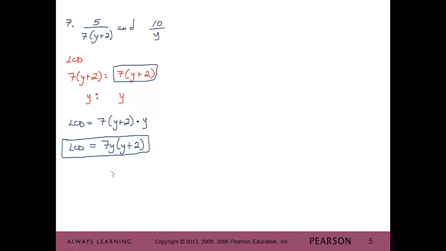All right, number 9. We have 17 over x plus 4 and 18 over x squared minus 16.